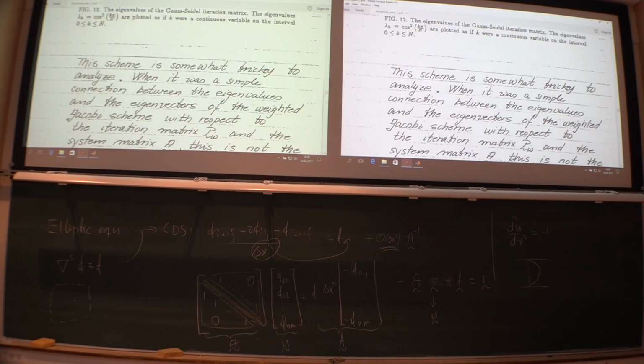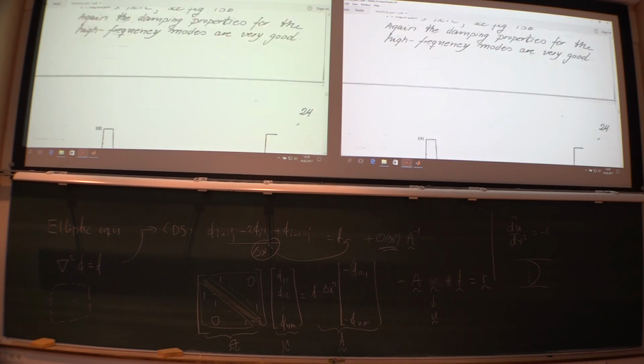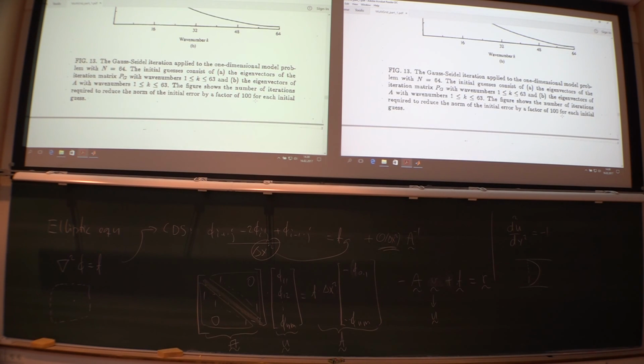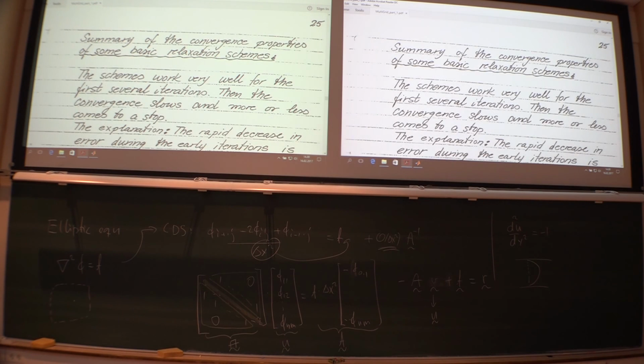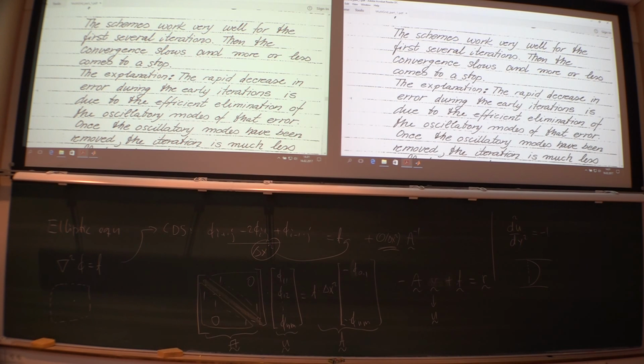And yes, you can still look at the spectral radius for this one as well, but don't worry too much about these plots. So the convergence properties for these relaxation schemes, the classical iterative schemes, Jacobi and Gauss-Seidel: they work very well for the first couple of iterations.